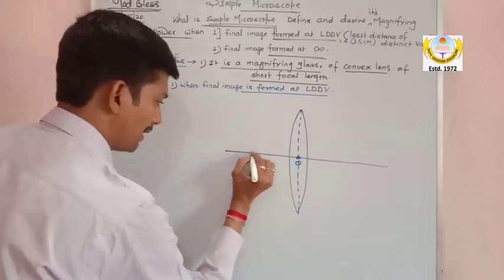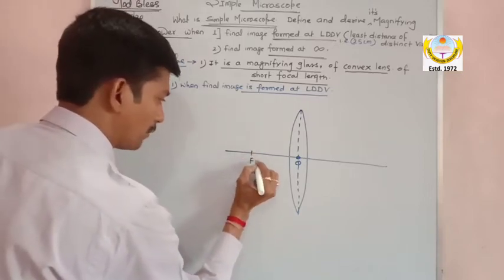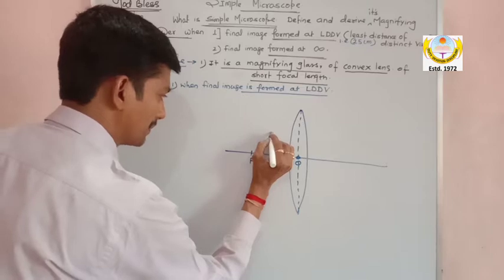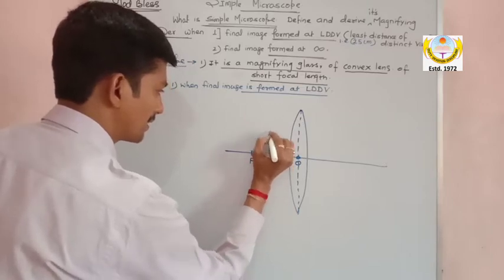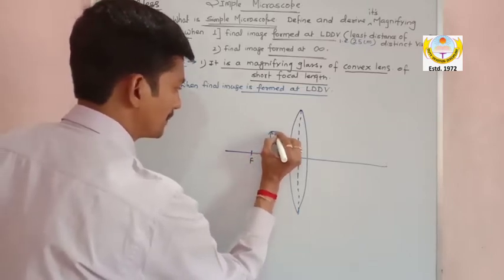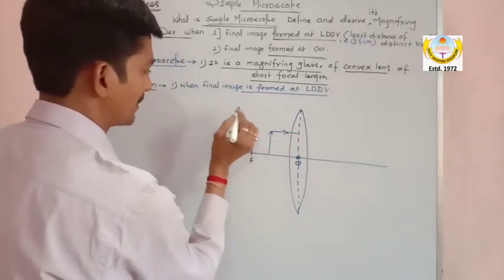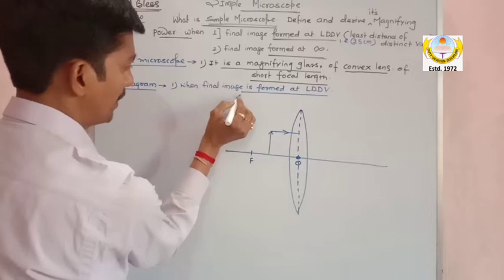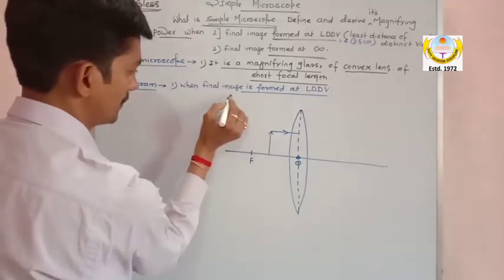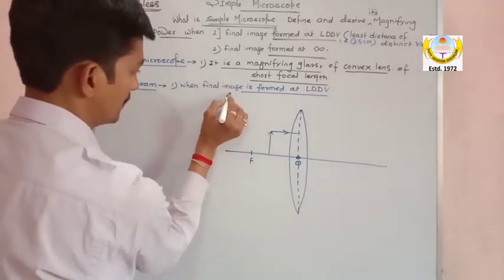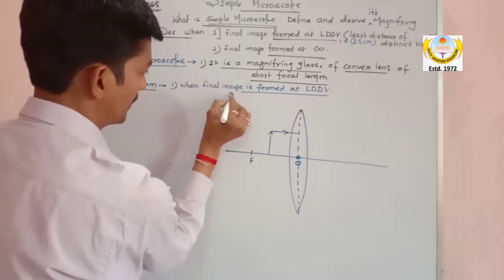I have kept the object between the principal focus and the optical center. This is the object placed. One ray will go parallel to the principal axis and it will go like this.